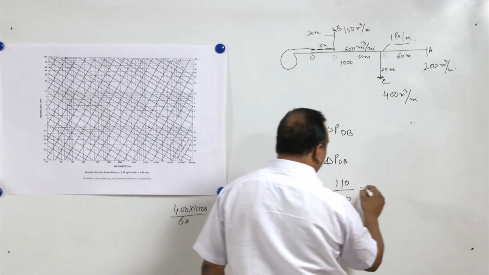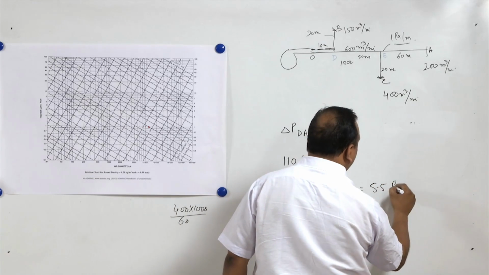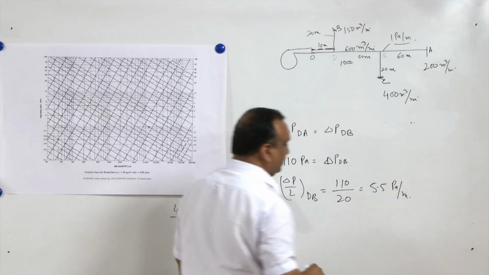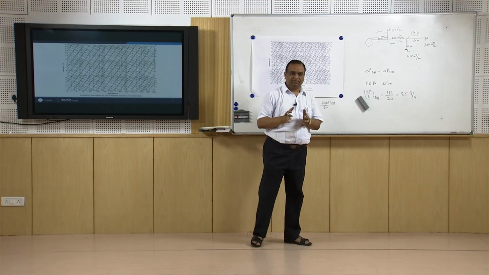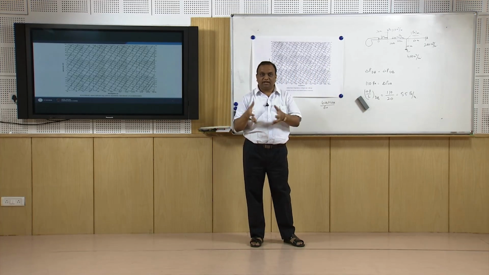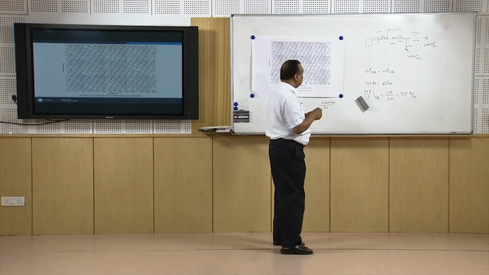So that is going to be equal to 5.5 Pascal per meter. So instead of providing a damper, we can reduce the diameter of the duct. That I will show you how.